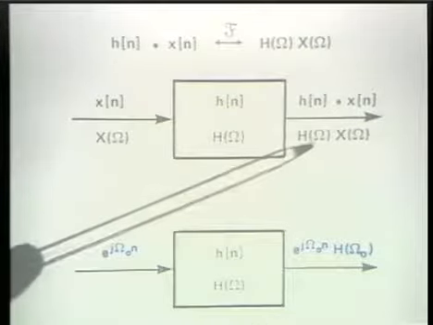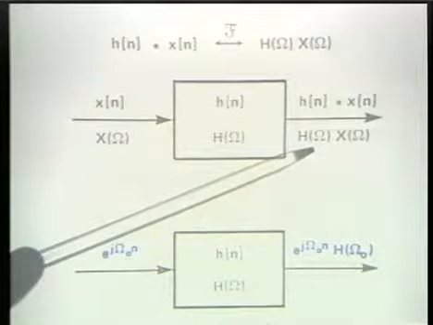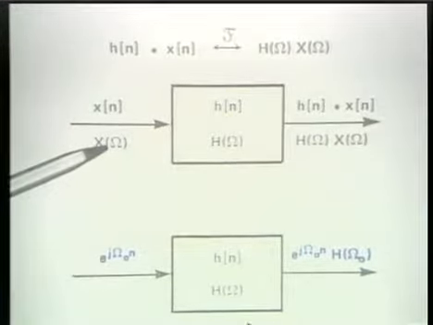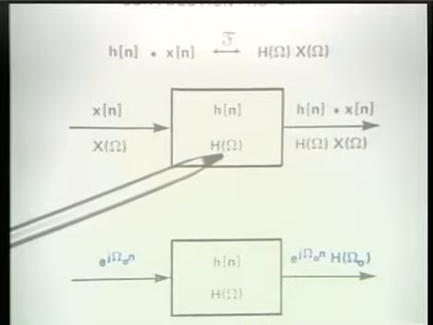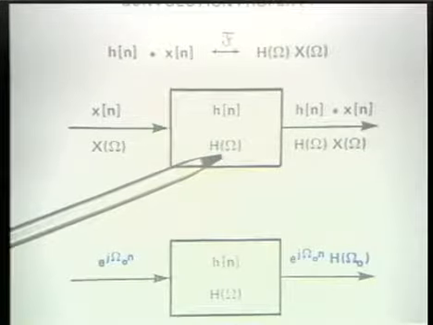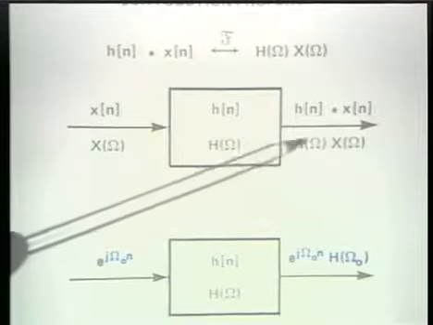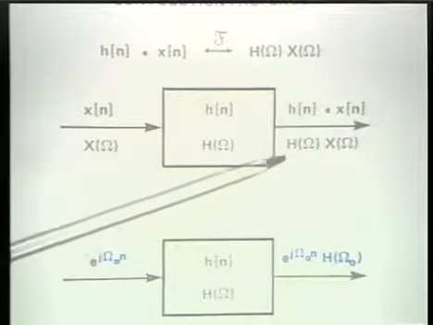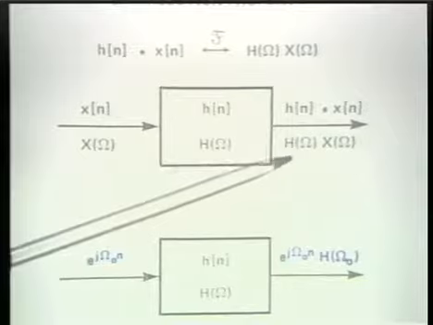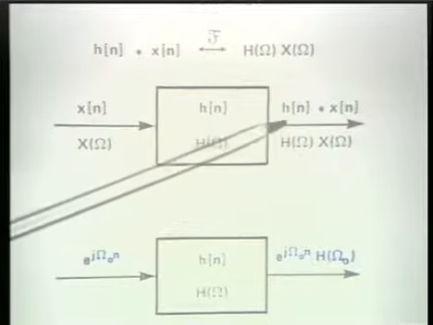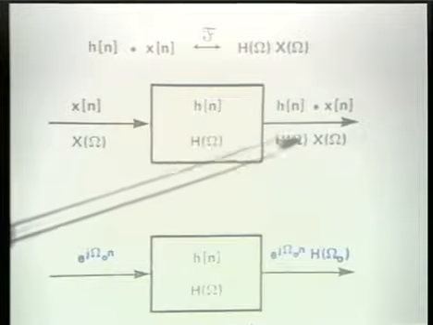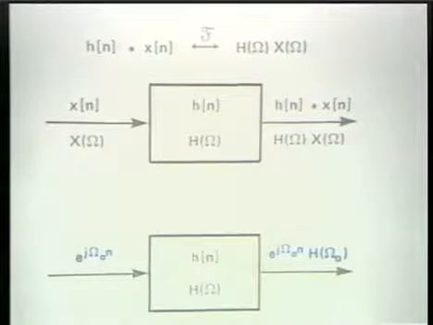So the amplitudes of the output complex exponentials are the amplitudes of the input complex exponentials multiplied by the frequency response. And the Fourier transform of the output, in effect, expresses the output as a summation or integration, a linear combination of all of these exponentials with the appropriate complex amplitudes.